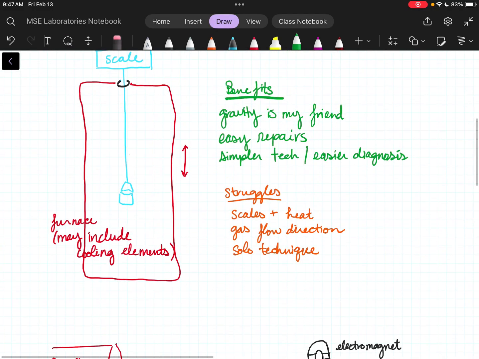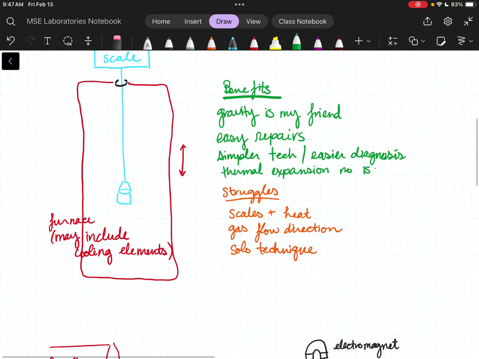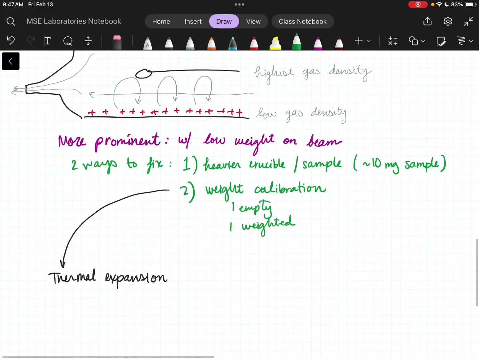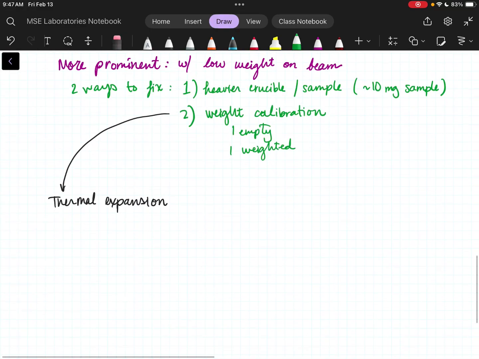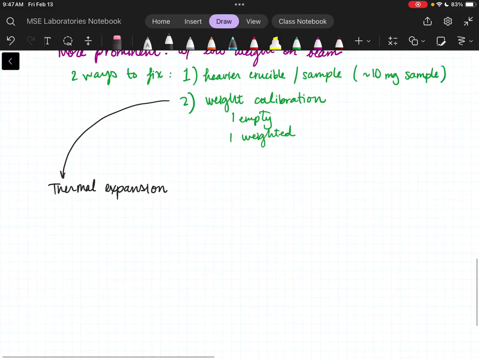This weight calibration has a secondary really useful thing. Thermal expansion. I should probably have talked about thermal expansion a little bit up here. I mentioned that this arm right here is alumina, and you mentioned creep.